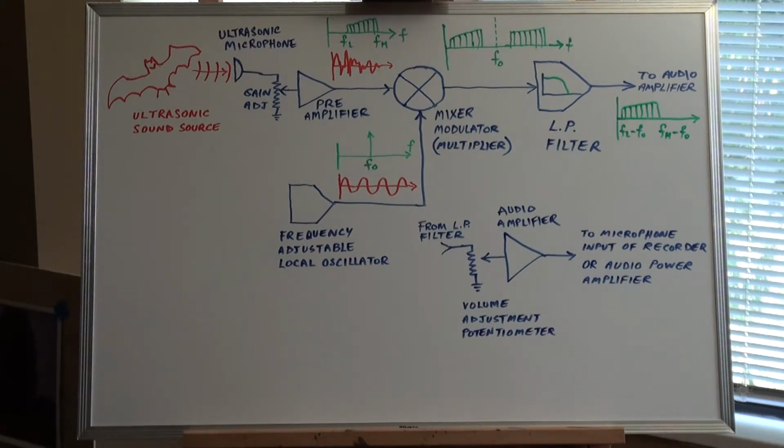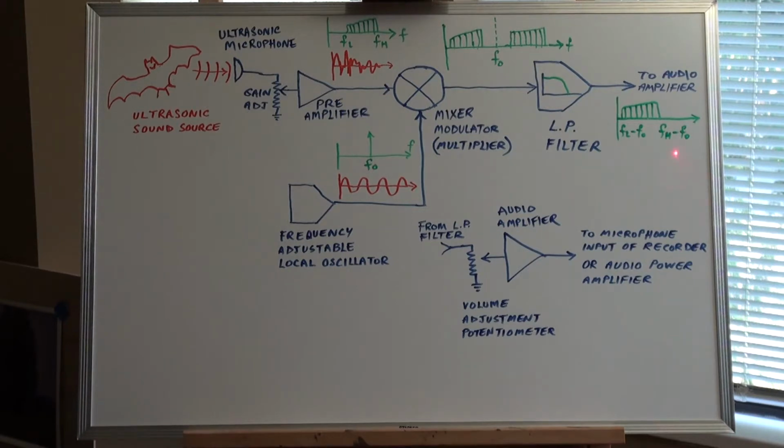The next step of the signal processing circuitry would be a low-pass filter to remove the upper sideband, the sum frequencies that we don't want to listen to. We can't even hear them, but they will add to load the audio amplifier.